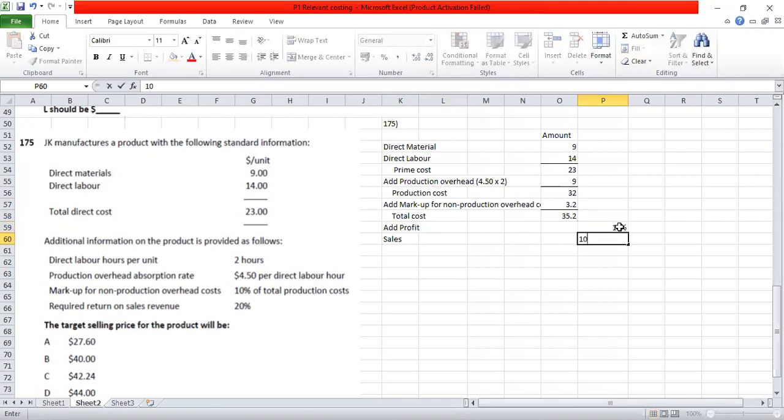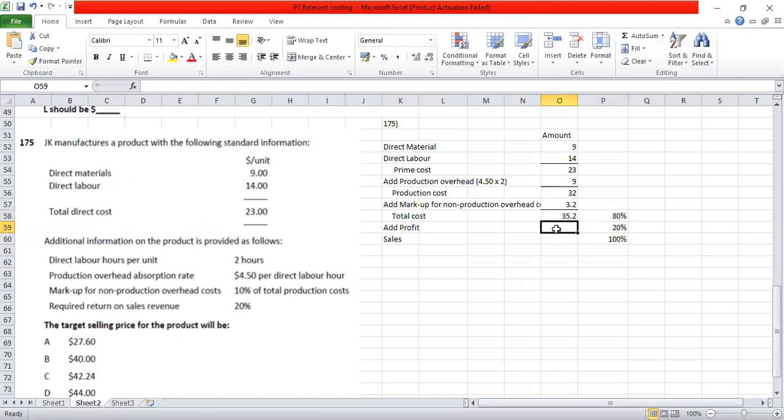So the base becomes sales, and sales will become 100%. If this is 100%, then the profit margin is not 10, it is 20%, so cost will become 80%. Cost plus profit is sales because profit is calculated on sales. Therefore, 35.2 is 80%.